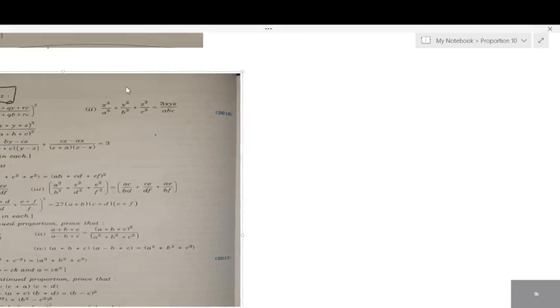In second and third, when you take the values, you'll get a cube, the whole cube, divided by a cube.